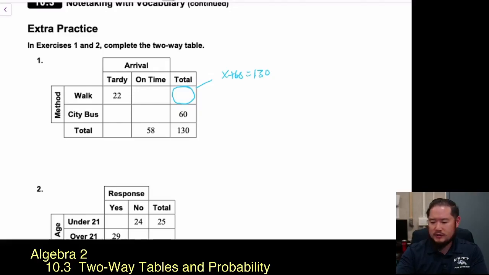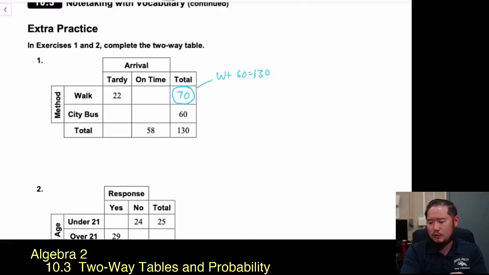Or let's use the variable w for walkers instead of x. So w plus 60 equals 130, we subtract 60, and you'll end up with 70.